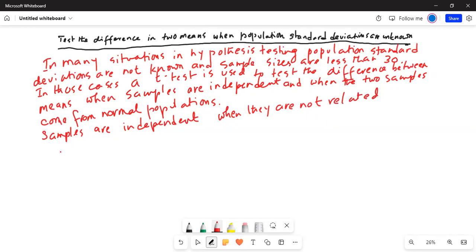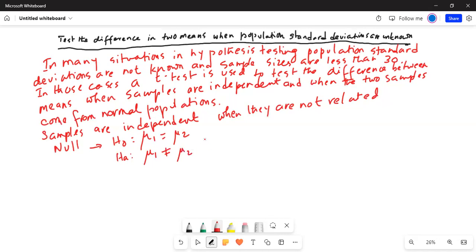So in this case also, like before, the null hypothesis H0 is mu1 equal to mu2 and HA is mu1 not equal to mu2.